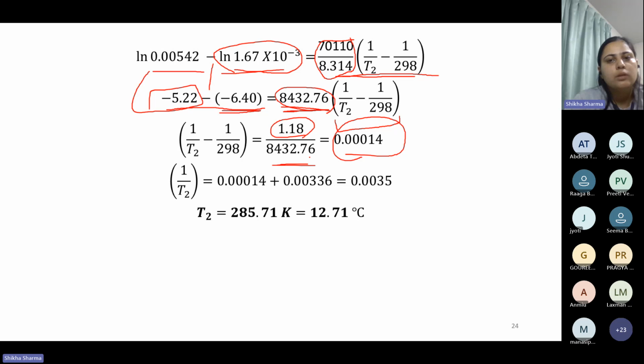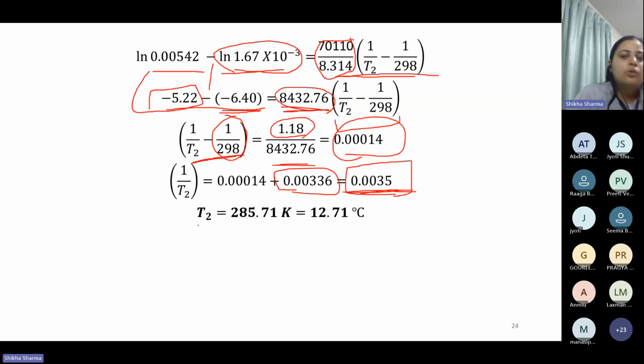This is the value of 1 upon T2 minus 1 upon 298. So we transfer this to the right side. 1 upon T2 equals, the minus goes and becomes plus, 1 upon 298, which is 0.00336, plus 0.00014. So it is 0.0035. So 1 upon T2 value is this.